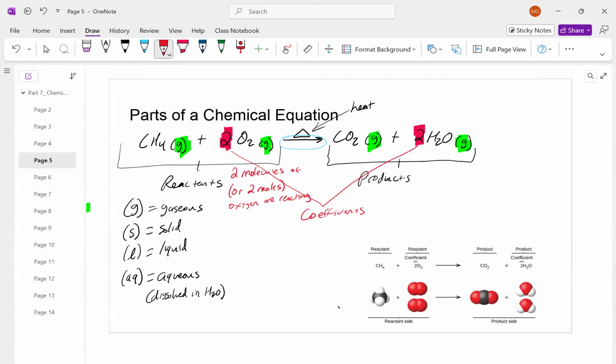And you'll notice that some of the components of this equation don't have a number next to them, like the CH4 and the CO2. If there isn't a number next to it, it's assumed to be 1.